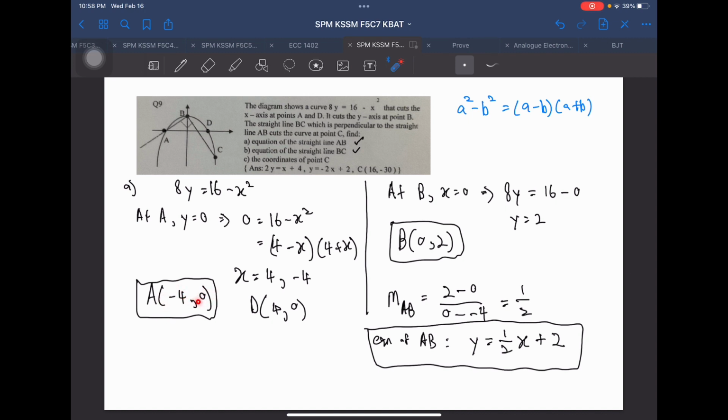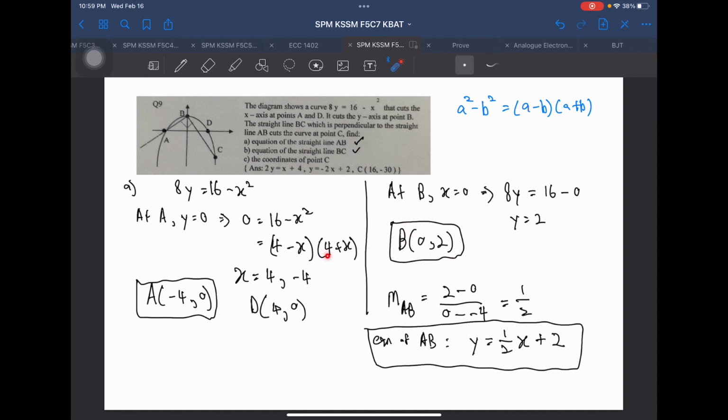And since it's an x-intercept, y equals 0. So you got point A. And then at point B, B is the y-intercept. So x equals 0, sub it into the equation, you got 8y equals 16. y equals 2. So your B is (0, 2).